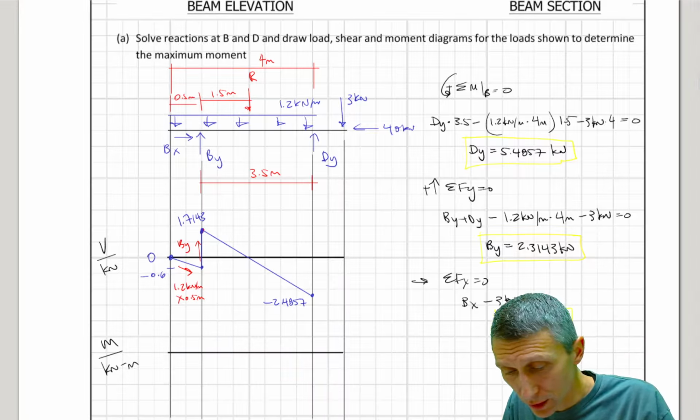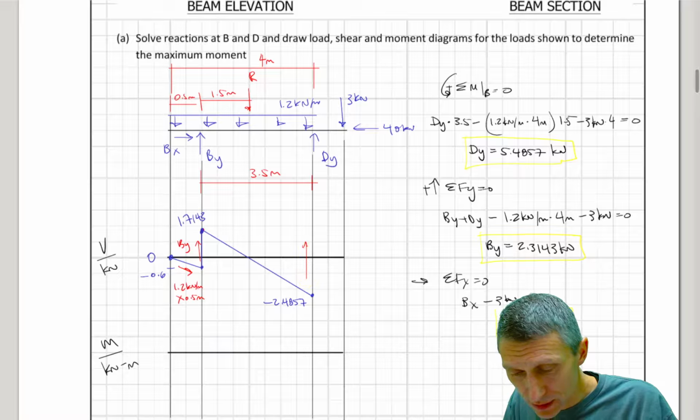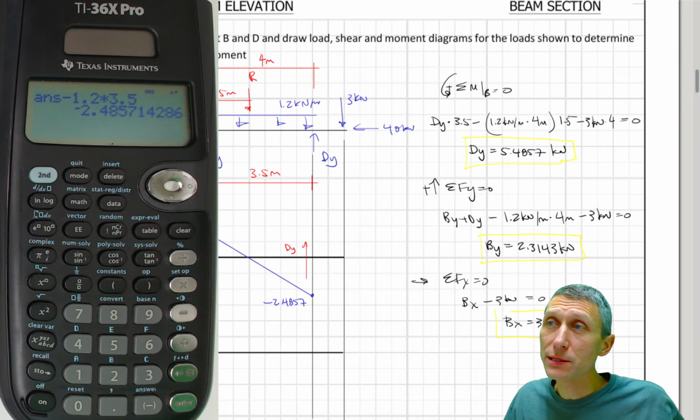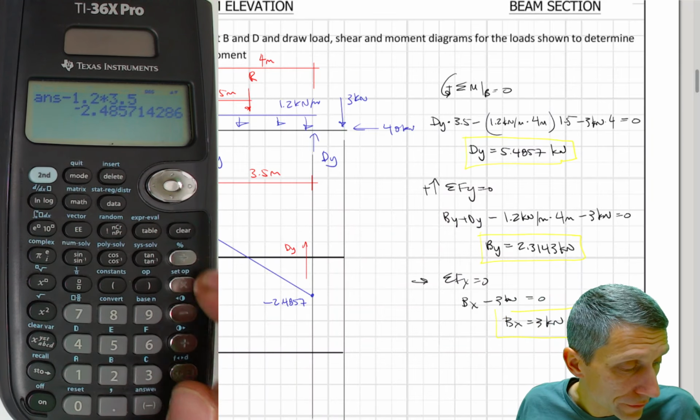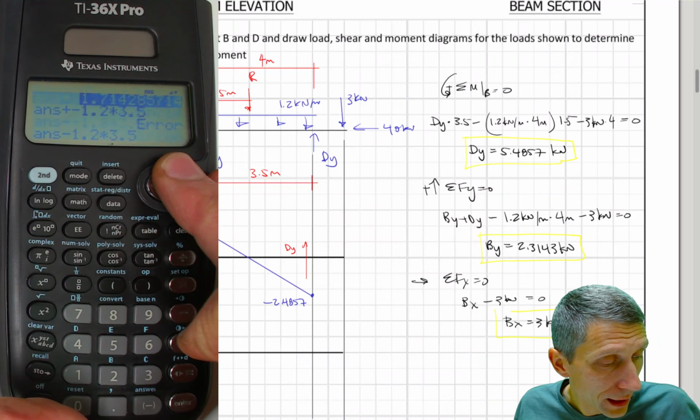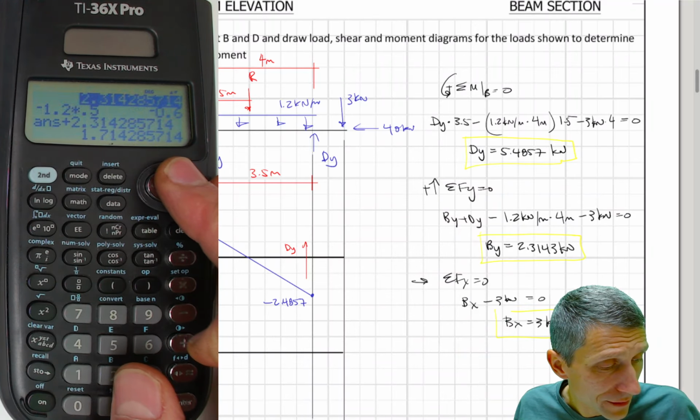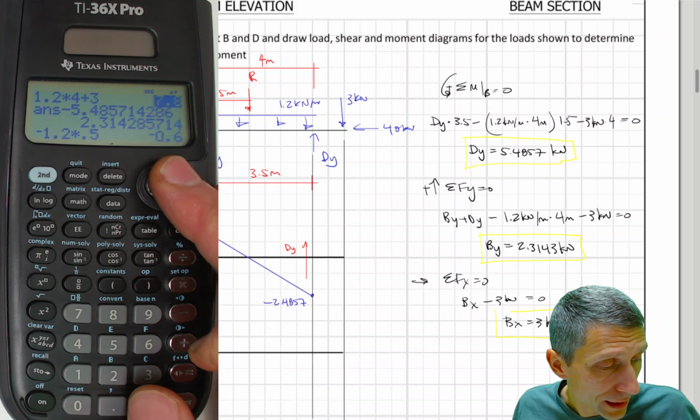Lastly, we're going to come up DY. So if we think of DY as 5.4857, I'm going to go back up and add in that 5.4857. There it is.